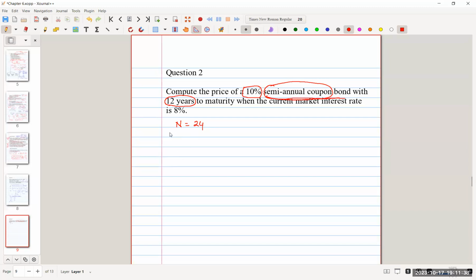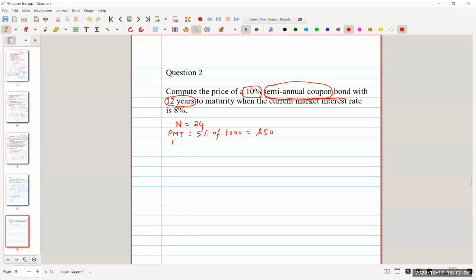And when we are calculating the interest payment, what will we do? We are supposed to get 10% in 1 year, but every 6 months, how much will we get? We will get only 5%, right? So every 6 months, we get 5% of the face value. So that's $50.